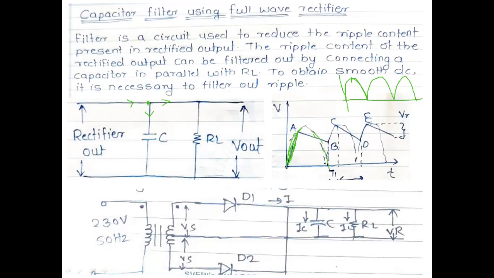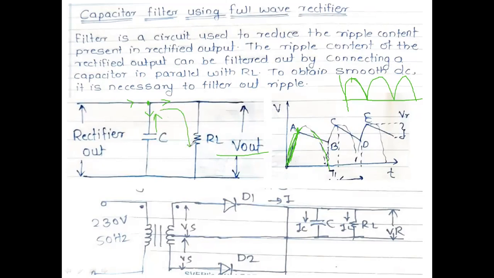We can consider 0 to 90 degrees, or nearer to 90 degrees, say 80 degrees or some angle. The current is flowing through the load resistance, so the DC output increases. When the DC output starts to decrease, whatever charge the capacitor has will be supplied to the load resistance.